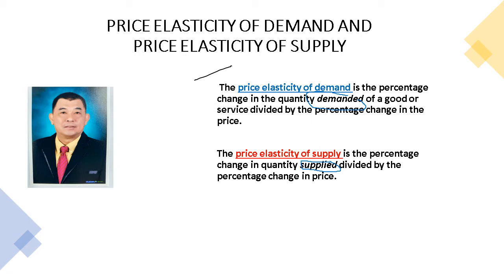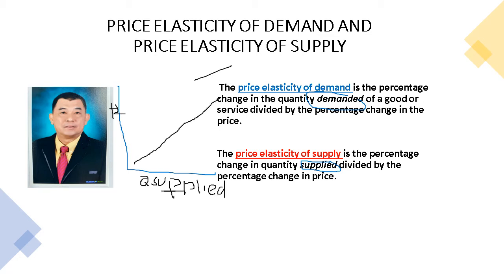All right, let us do a representation. So this one is price, and this one is quantity supplied. What is the curve? Very good. The curve is going up because your clue is the word up. So it is going up.